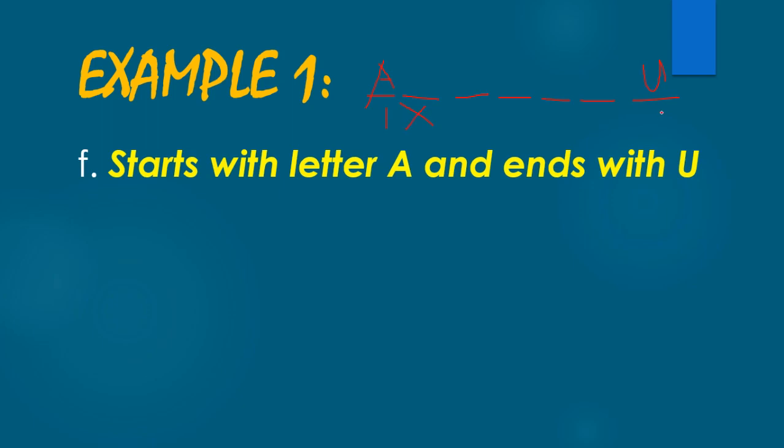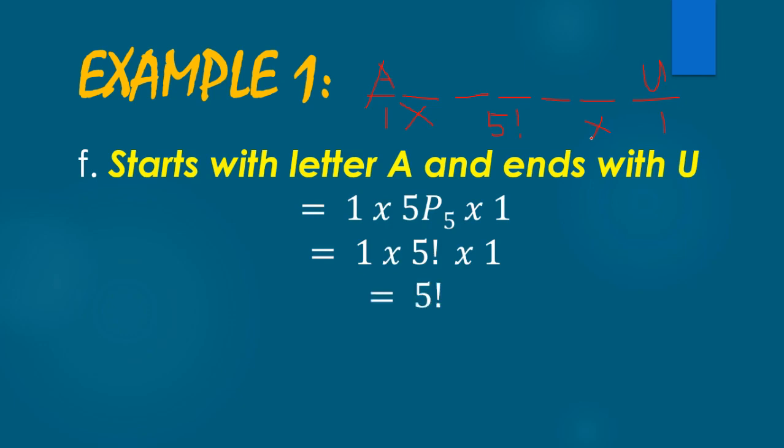So this one is also 1 way. We still have 1, 2, 3, 4, 5. So 5 spaces for the remaining 5 letters. So that would be 1 times 5 factorial times 1. So again, that would be equal to 5 factorial, or that is equal to 120 ways.